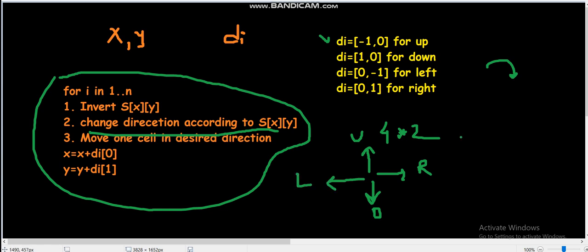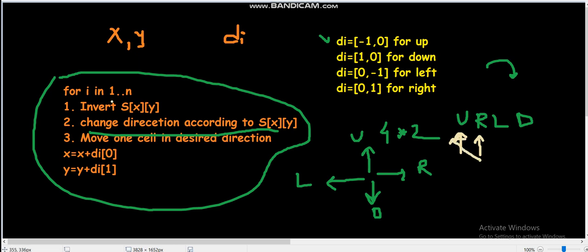Now let's say we store all the directions in an array in this form: U R D L. Initially our pointer will be at upward. If we are moving clockwise, we'll move our pointer to the right. If we are moving anti-clockwise, we'll move our pointer to the left.